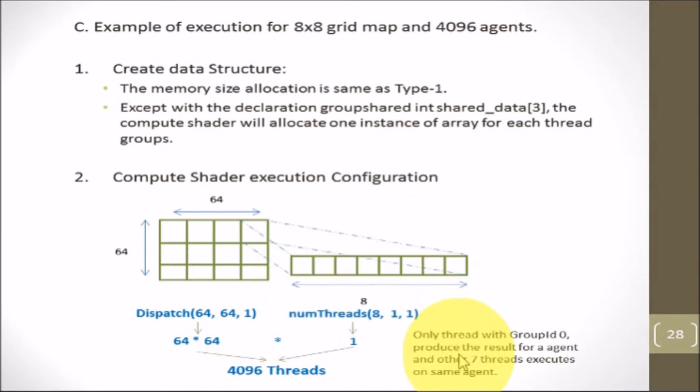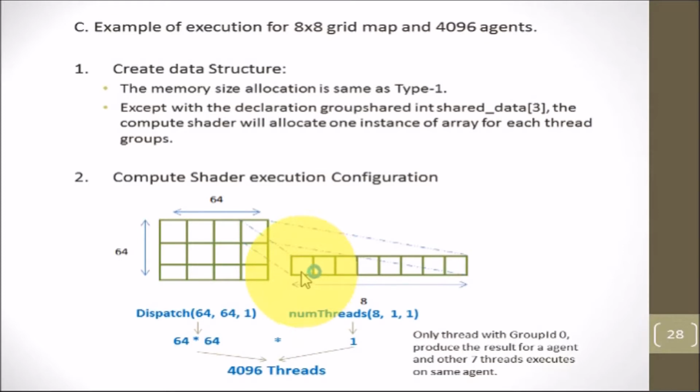Now within these threads, the thread which has the 0th ID will process the final output for a particular agent, while the other threads, which are 1 to 7, will help to process this particular agent in parallel, but this will not result in any output.